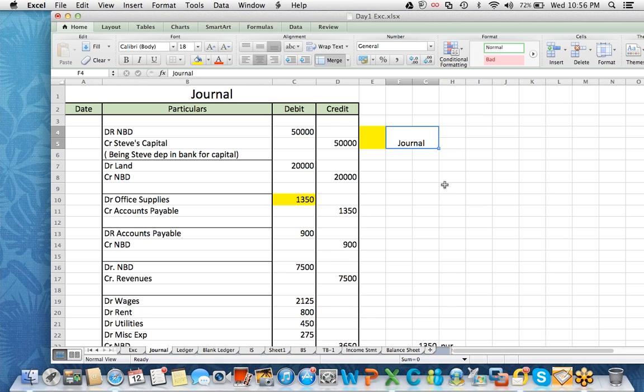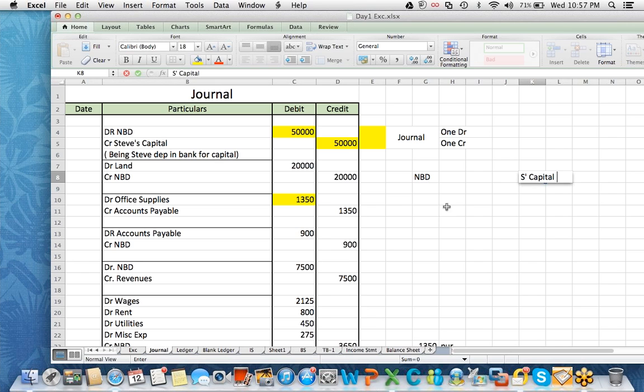A journal will have at least one debit and one credit. From this journal, we need to post these amounts to the respective accounts. Say for example, we have here the NBD account and Steve's capital account.